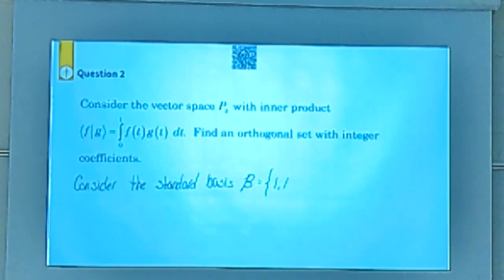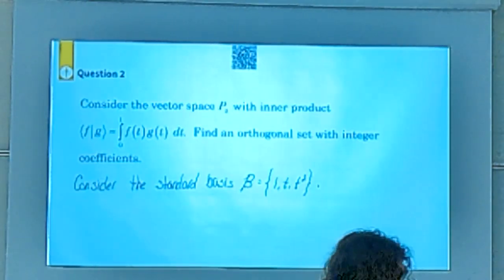Yes. Right. Again, those have the coordinates 1, 0, 0, 0, 1, 0, and 0, 0, 1. Maybe not respectively, depending on how you write your polynomial. That is the basis we're going to work with. We're going to use Gram-Schmidt on that.